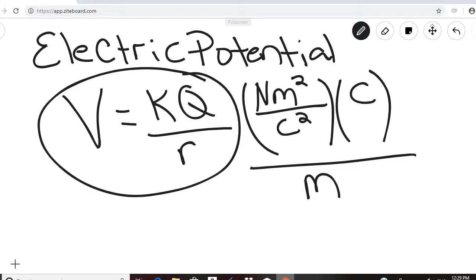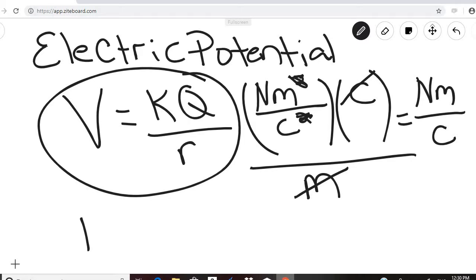Okay, so one of the meters will cancel, one of the coulombs will cancel, and we are left with Newton meters over coulombs. Now I just said previously that the electric potential, or the potential energy, comes from electric potential, and yet the unit for potential energy is a joule, which is a Newton meter.